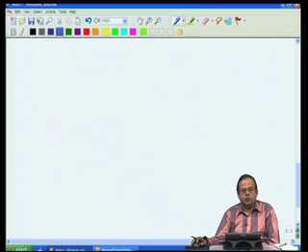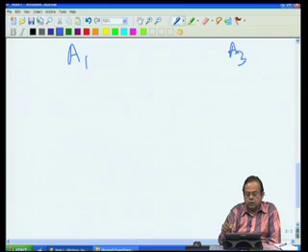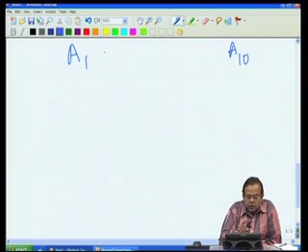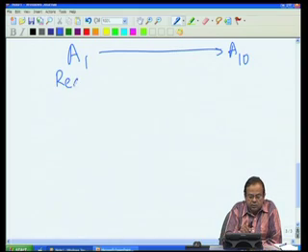What is the problem that we are trying to address? Let us say my reaction A1 goes to some product. My main reaction is actually A1 going to A10. This is my main reactant, this is my product.